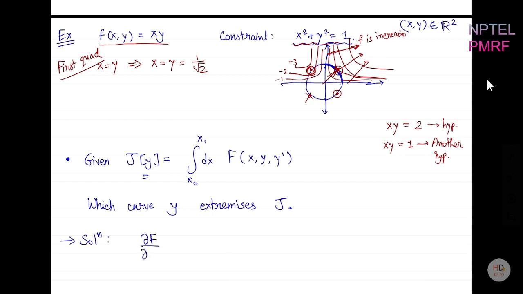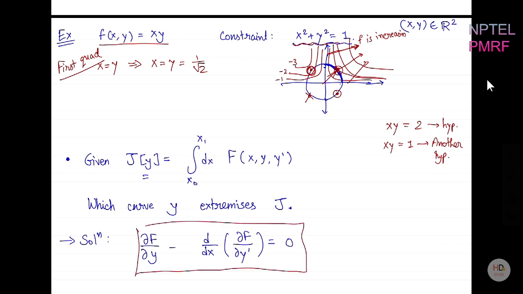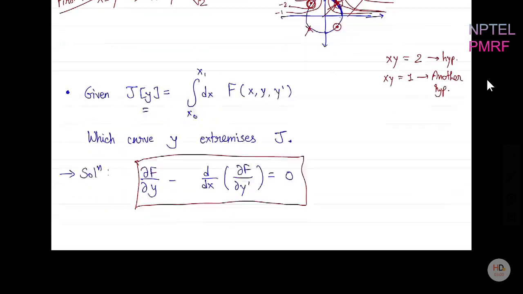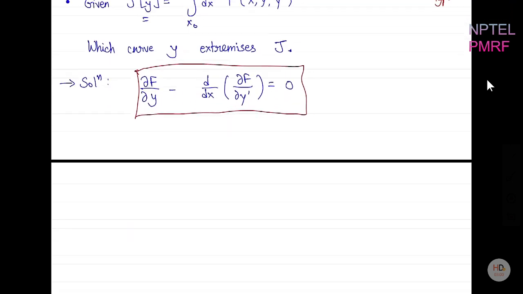the derivative of f with respect to y minus d/dx of the derivative of f with respect to y prime is equal to 0. And when we saw this equation for the first time, our eyes lit up, right?